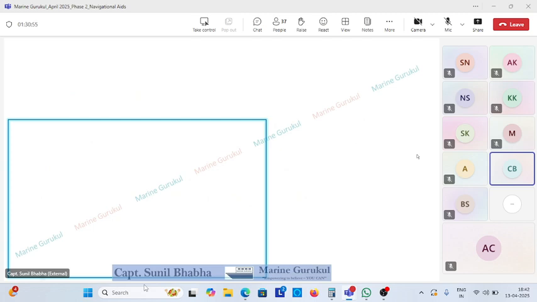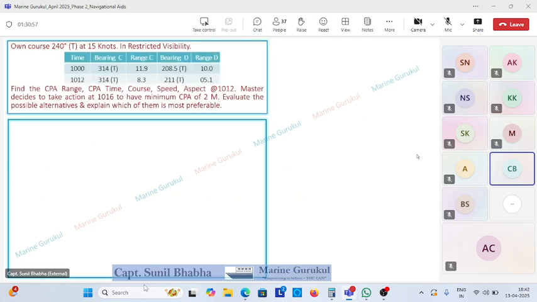So we have our next question on the screen now. The question says, own ship's course is 240 degrees true and speed of 15 knots. In restricted visibility, it observes the following two targets, target C and D, target Charlie and target Delta.